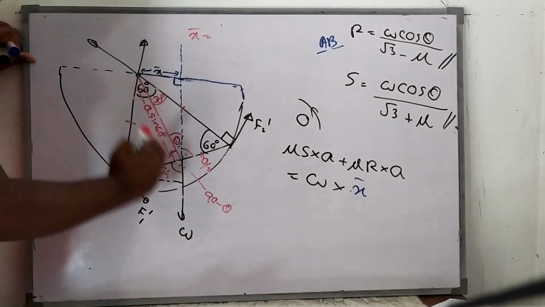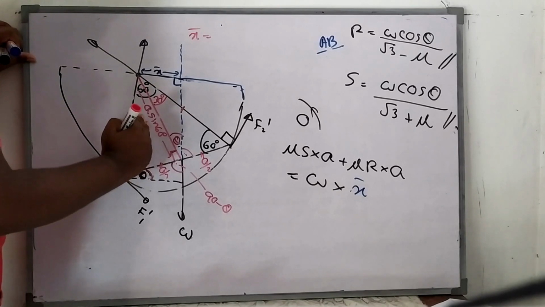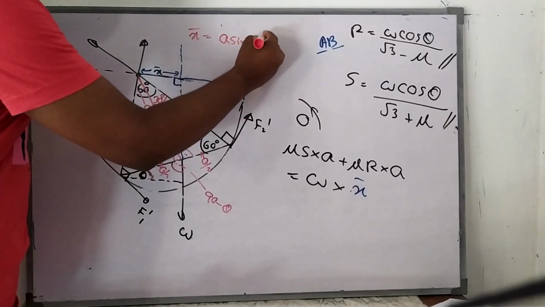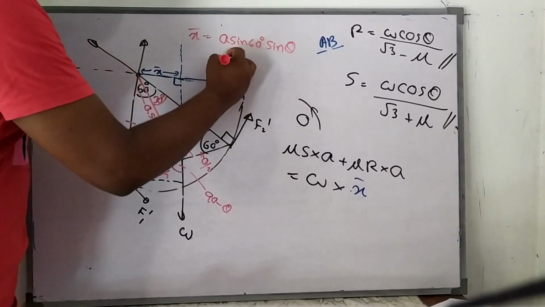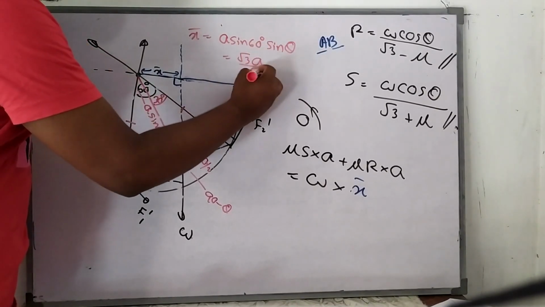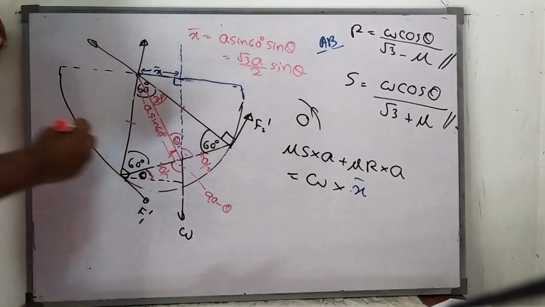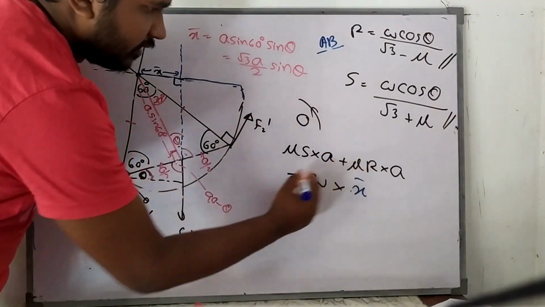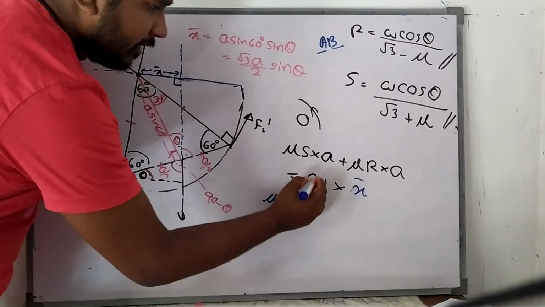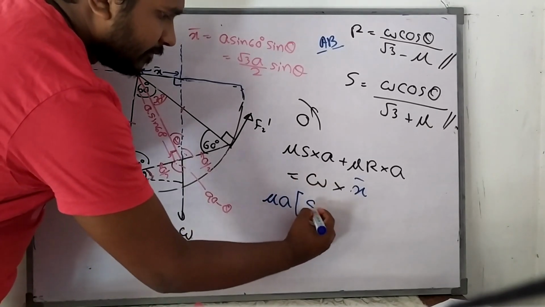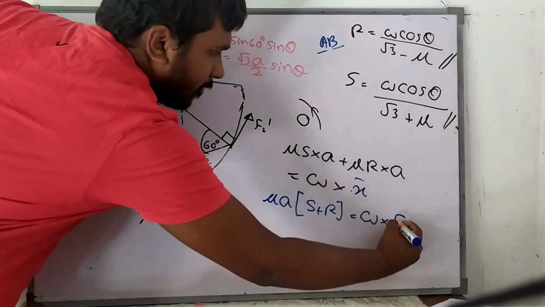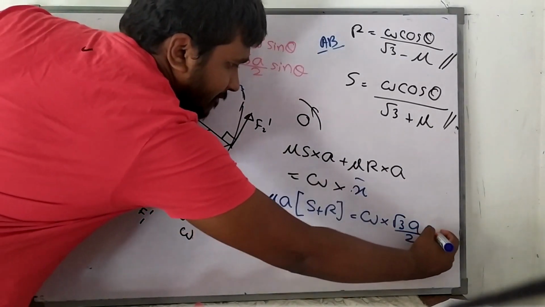So x bar can be taken as a sin 60 into sin theta. This is x bar, right? x bar means root 3 a over 2 sin theta.